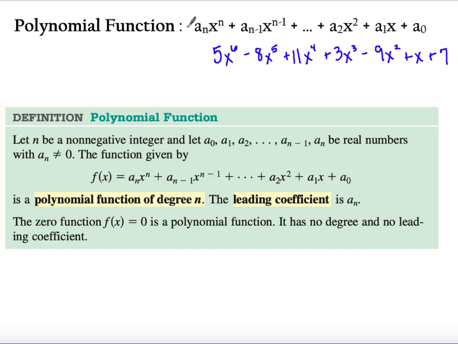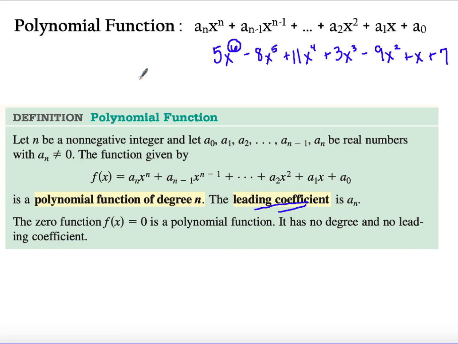You've got your leading coefficient here is the a sub n. We see that in our definition. The leading coefficient is the a sub n. And the degree of the polynomial that we wrote is the n, meaning the largest exponent that you see. So in some of our examples here, they're going to ask us what's the degree of the polynomial. You're looking for that largest exponent, and the leading coefficient is the coefficient in front of that term.